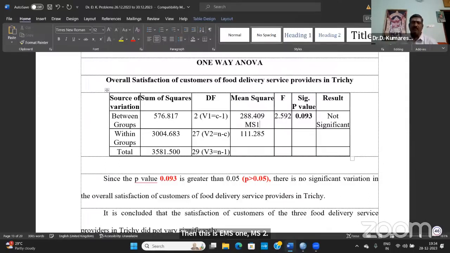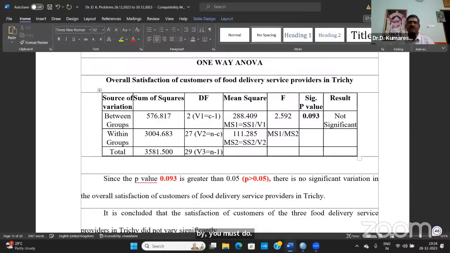MS1 equal to SS1 divided by V1. Then MS2 equal to SS2 divided by V2. What is F? Yesterday I told you, MS1 by MS2.